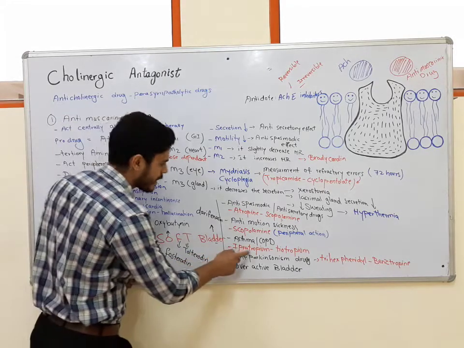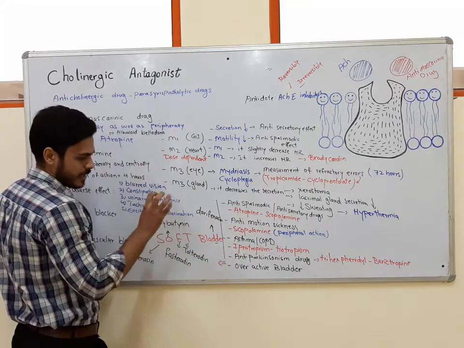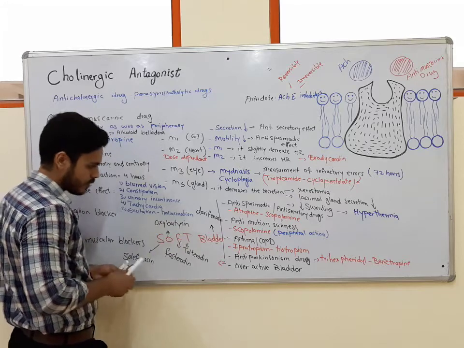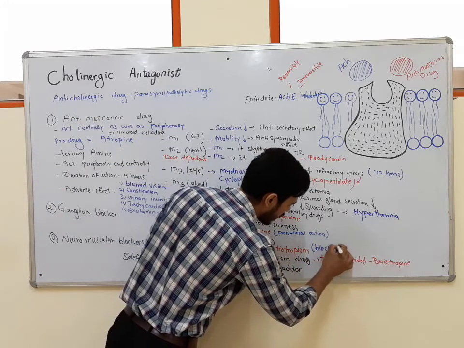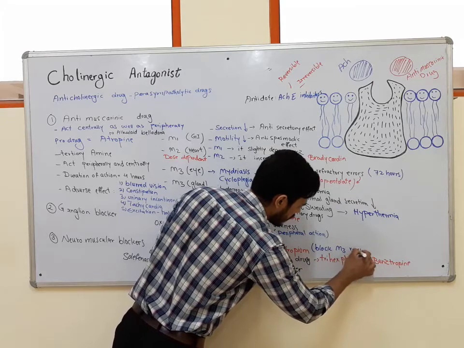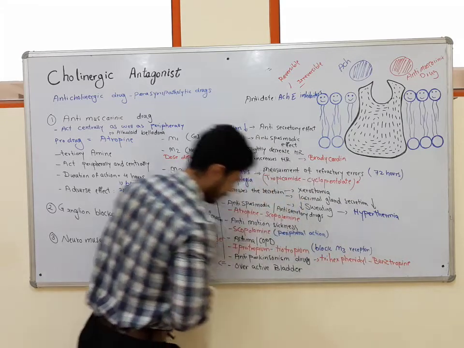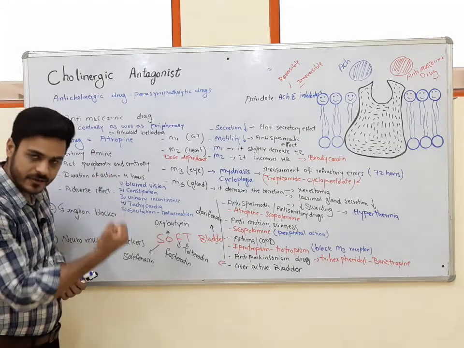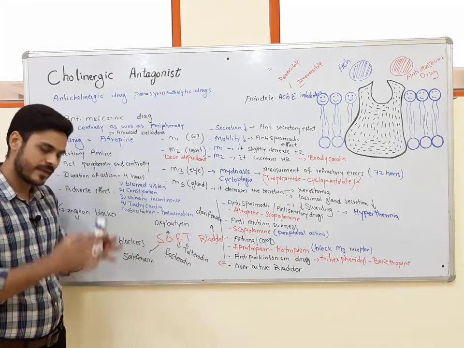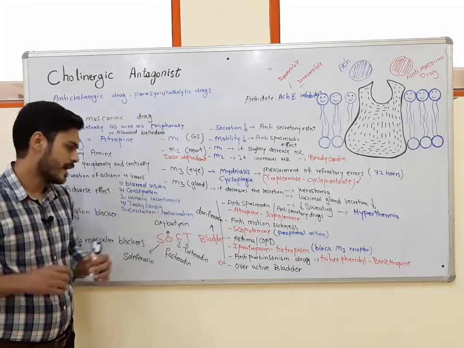They can block the M3 receptor which is in the respiratory system. So the mechanism of action: blocks M3 receptor. And by blocking the M3 receptor, they can decrease the secretion in the respiratory system as well as they can cause bronchodilation.